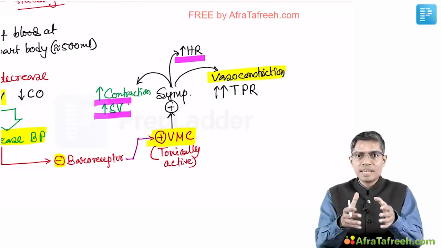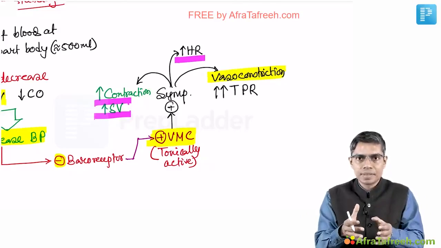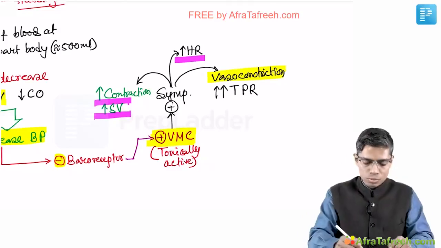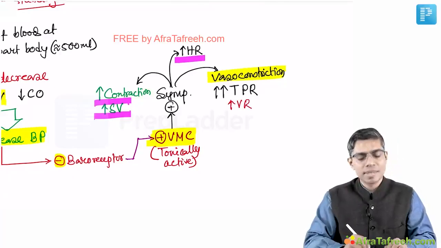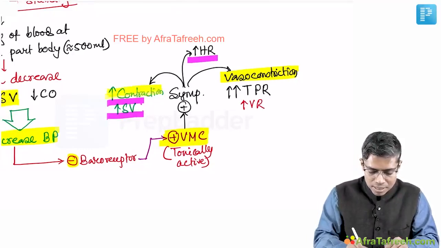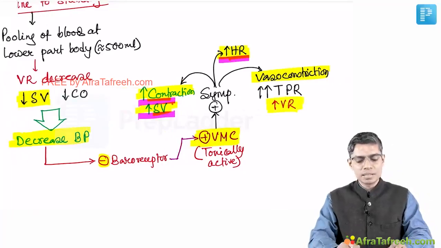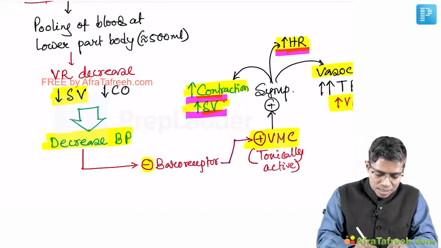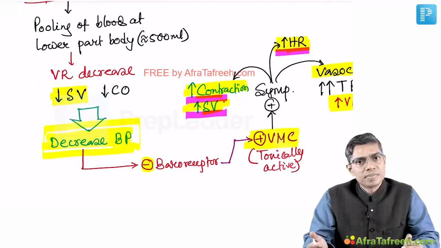So if you compress the vein, the extra blood which was pooled in the venous system will be pushed toward the heart. So this is going to increase the venous return also. And by all these means, increase in contraction, increase in stroke volume, increase in heart rate, increase in venous return, the blood pressure which was decreased already will be corrected soon, right?